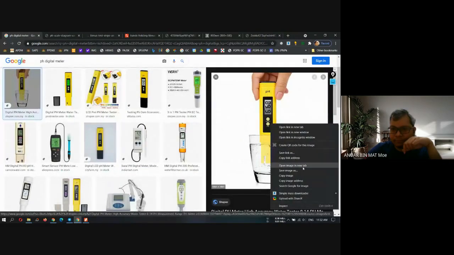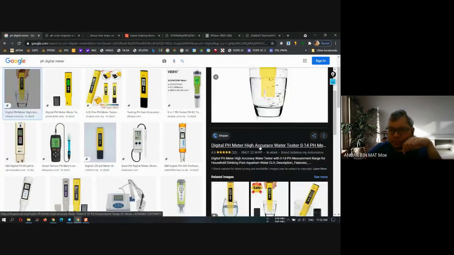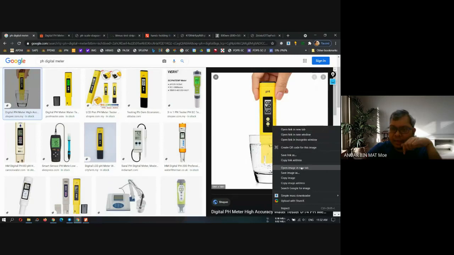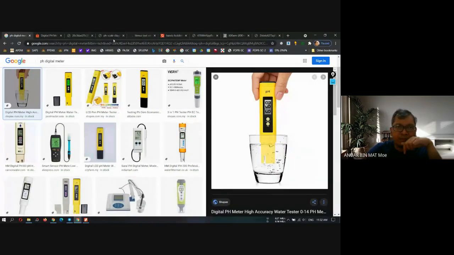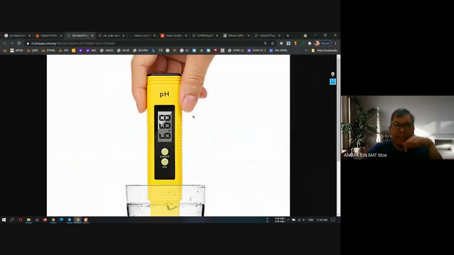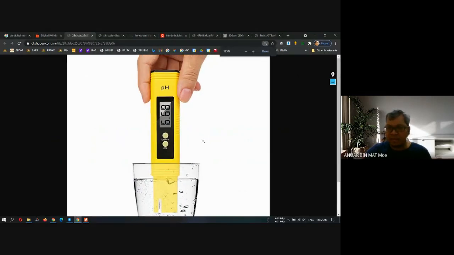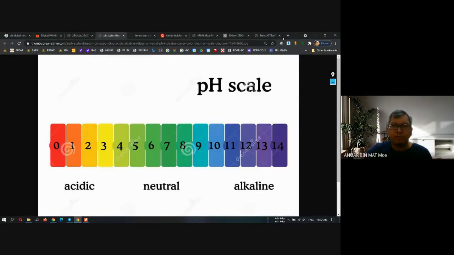I think this one is on Shopee. How much? 21 ringgit only. Oh, very good. There is an electronic device that can accurately determine whether it is acid or alkali. This is a digital one using electronics. This is much more accurate. Okay, where is it?